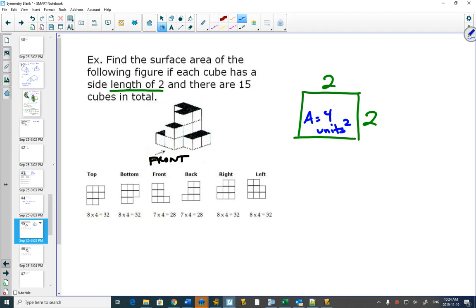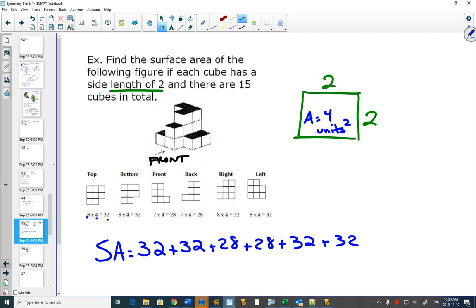So when we look at the top, in the top there are 8 squares, and each square has an area of 4. So the surface area of the top is 32. 8 squares on the bottom, each one is 4, surface area is 32. So our total surface area in this one will be 32 plus 32 plus 28 plus 28 plus 32 plus 32.